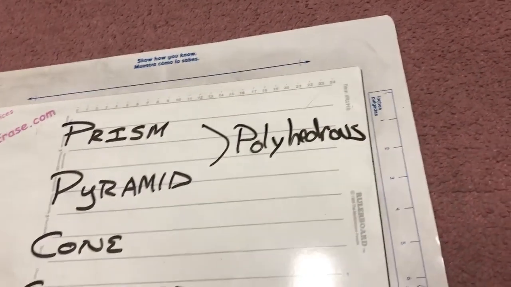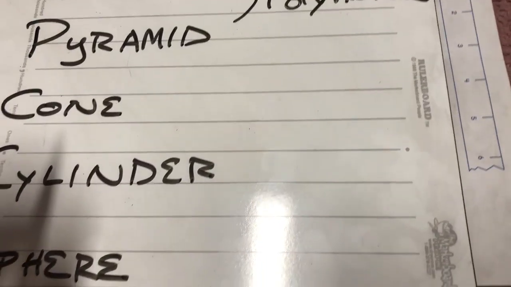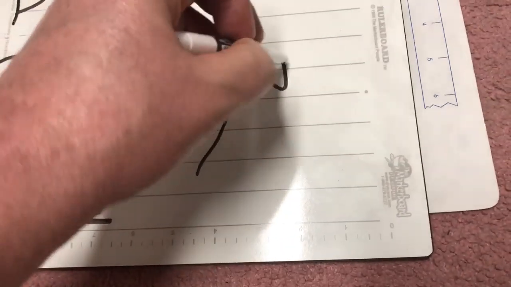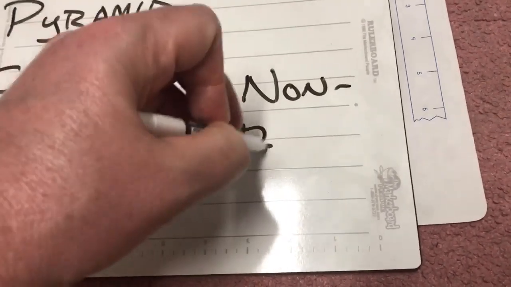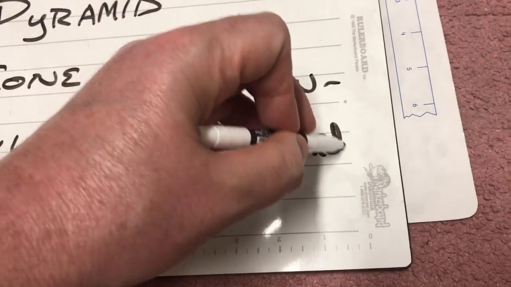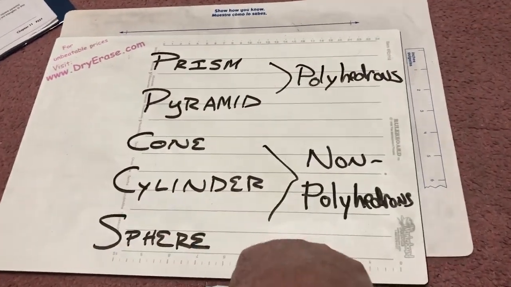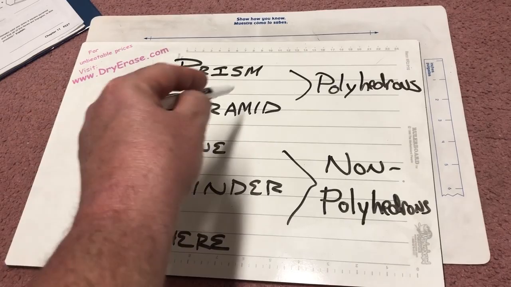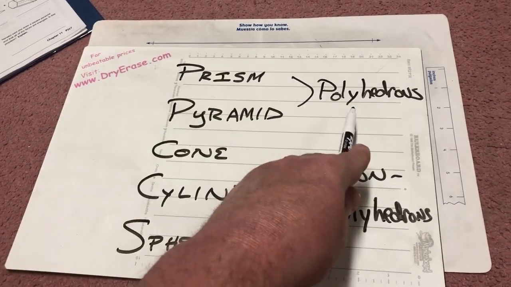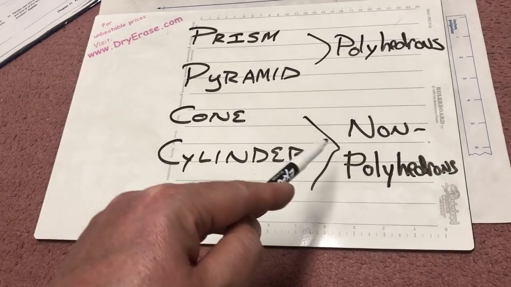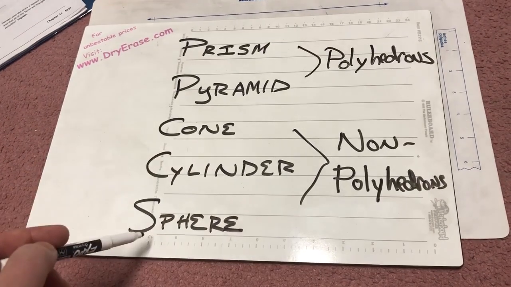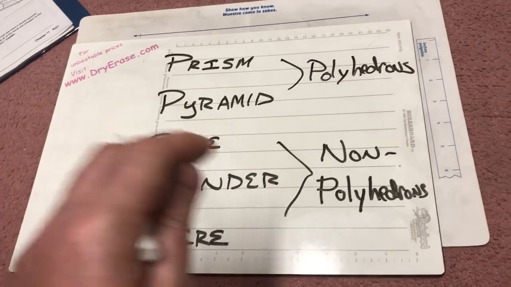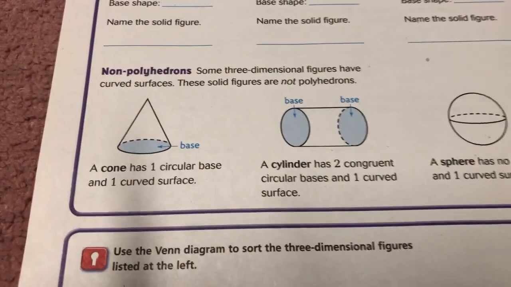Sometimes figures have curved surfaces, which make them non-polyhedrons. So really, an easy way to remember the difference between polyhedrons and non-polyhedrons is whether or not they have curved surfaces. Prisms and pyramids, as you saw, do not have curved surfaces, so they are polyhedrons. You will see here in just a minute or so, cones, cylinders, and spheres are non-polyhedrons because they do have curved surfaces. So, let's look at some of these.